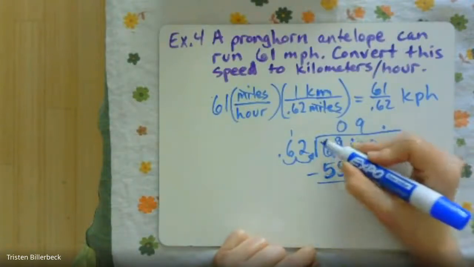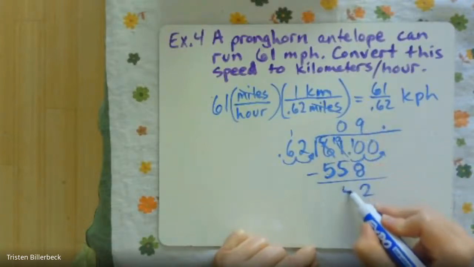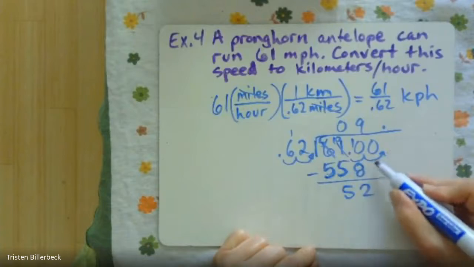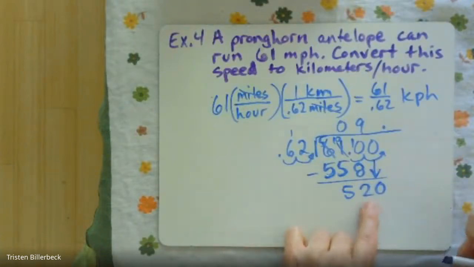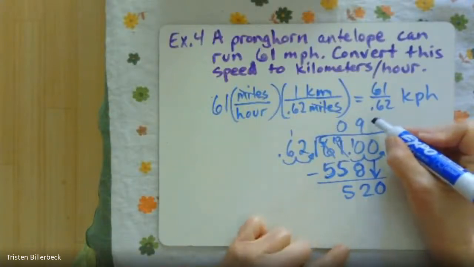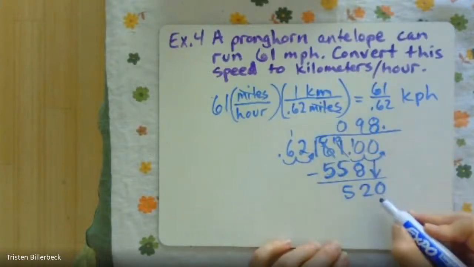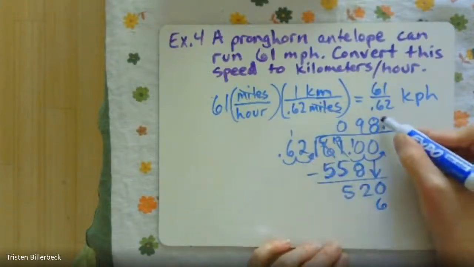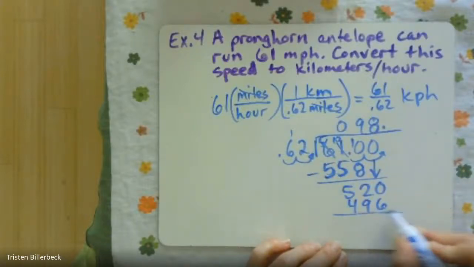So we have 2, we need to carry 1 from here. So 10 minus 5 is 5, and then that's 0. We drop this down. Okay, so this is a little less than 558, so we're going to try 8 this time. So 8 times 2 is 16, carry 1. 8 times 6 is 48, plus 1 is 49, and we're going to subtract.